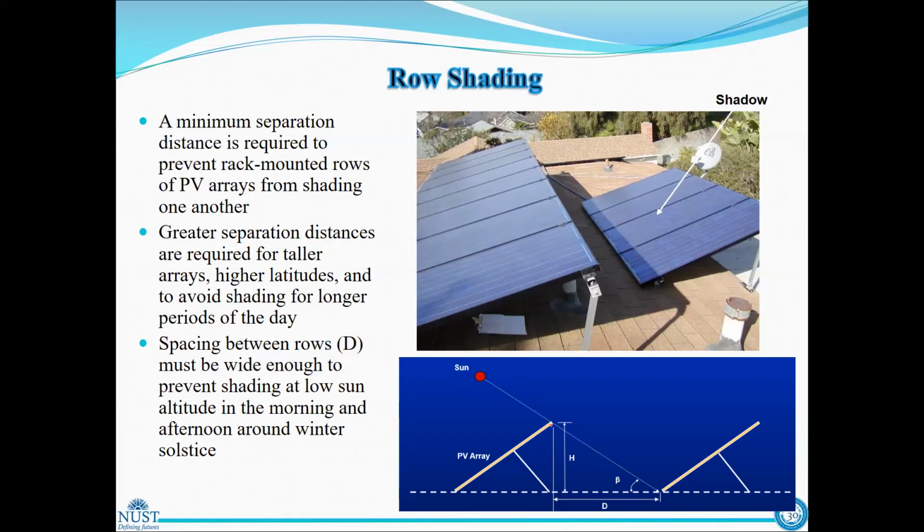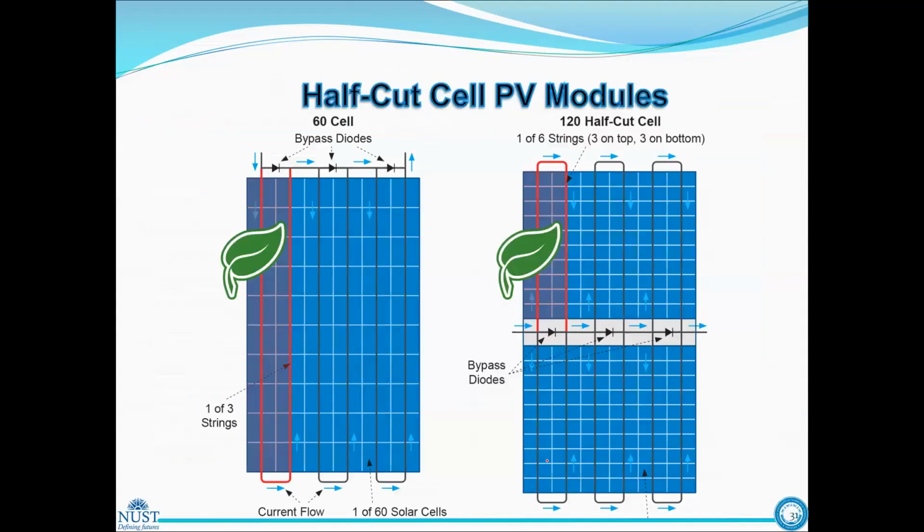But if the sun goes down in winter, we have to raise the tilt angle by 15 degrees as we discussed earlier. So this height will be higher and the shadowing effect will be more, and it may cover the other row as well. So we must design these row spacings considering the lower sun levels or higher tilt angles. In that case, there will be no shadowing in the rest of the seasons.